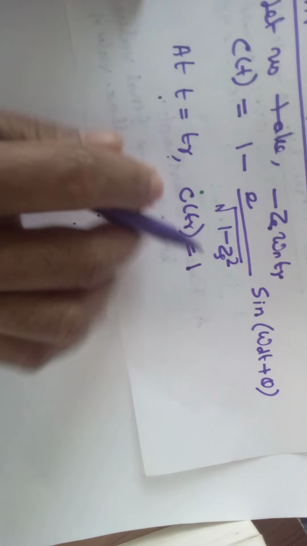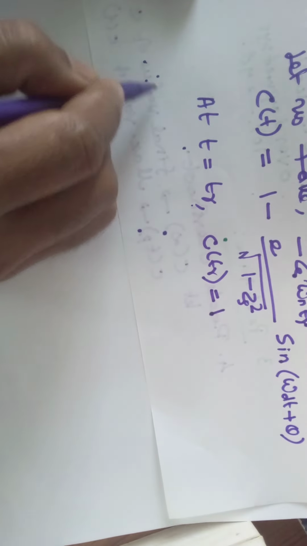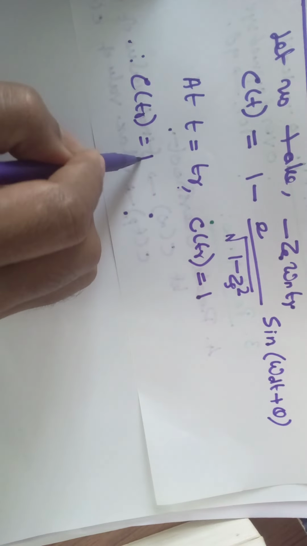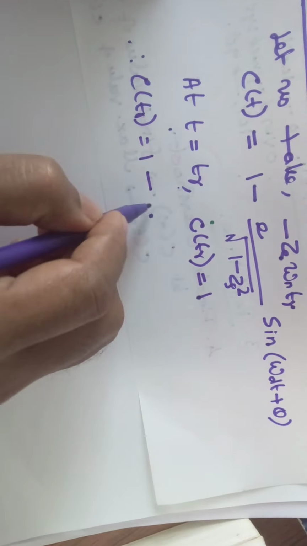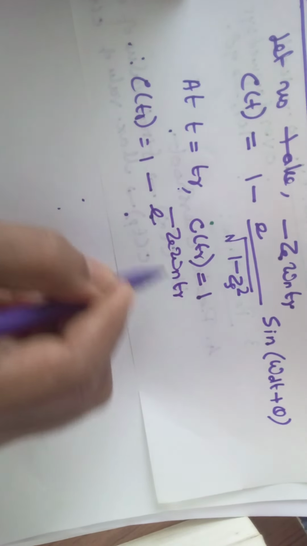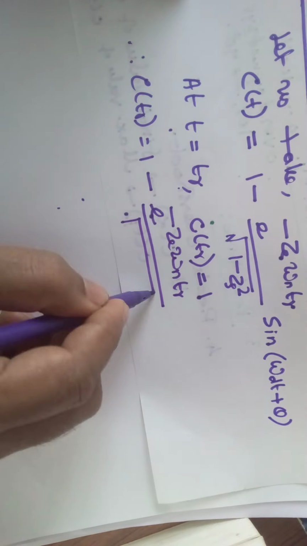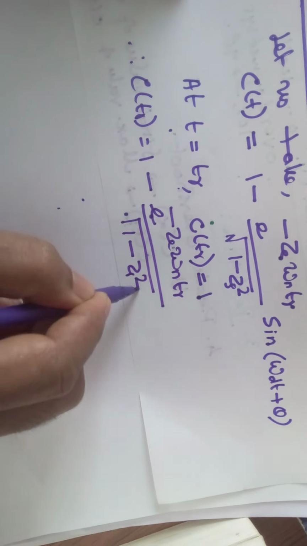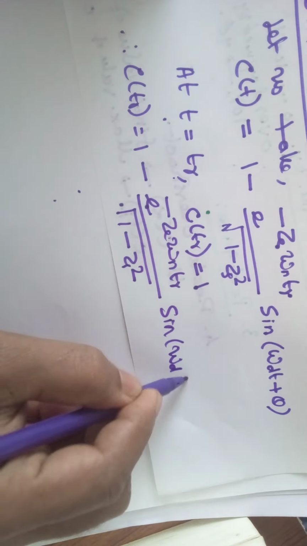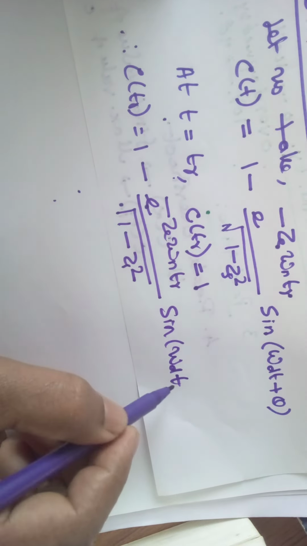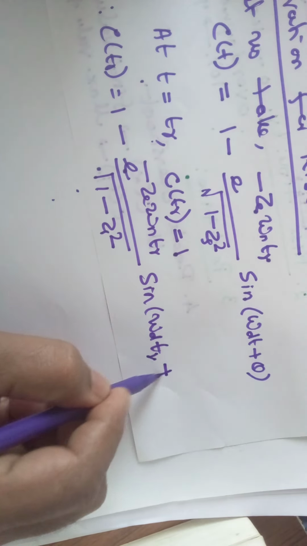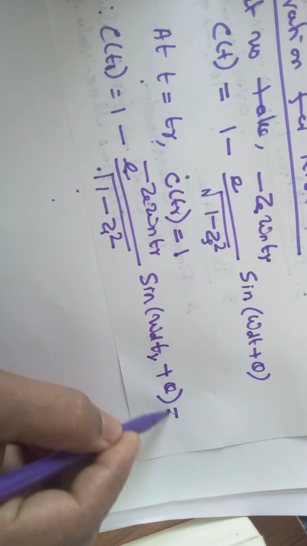Therefore we can write C of tr is equal to 1 minus e power minus zeta omega n tr divided by square root of 1 minus zeta square into sine of omega d tr plus theta, equal to 1. Instead of t you put tr.